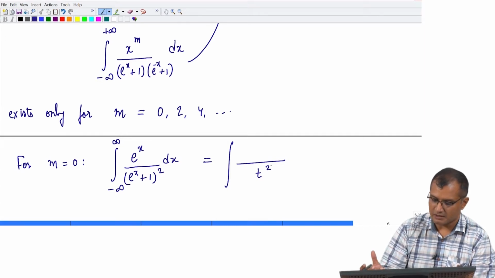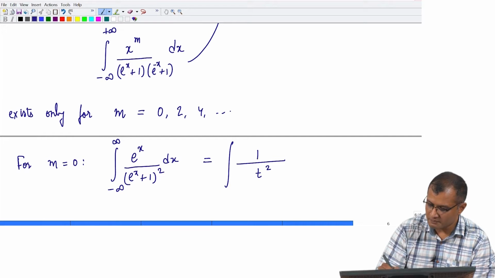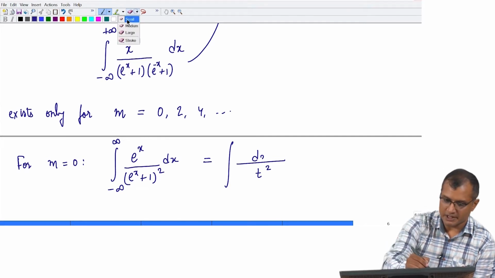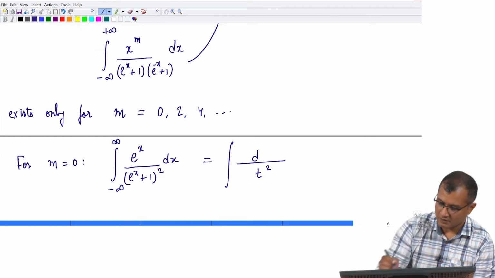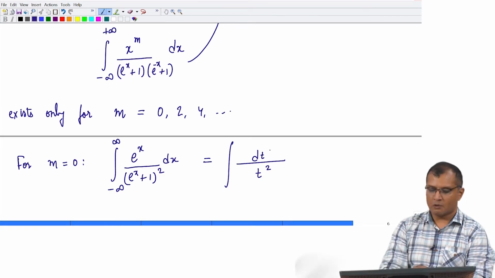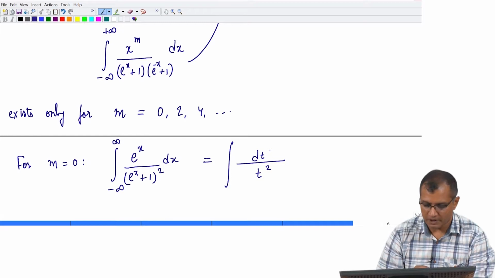So, you take it, square it up and the numerator would just be dt. Now, what about the limits? Limits, you have to be careful.